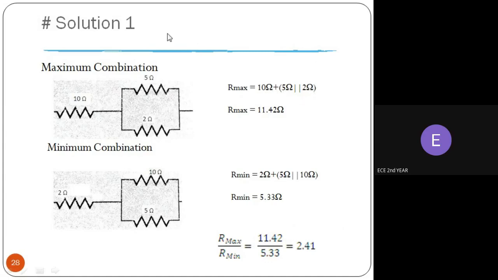So the total resistance in the maximum case is 11.42 ohms. And to get the minimum combination from 10, 5, 2: within these three, 2 ohms is the minimum, so we keep 2 ohms in series.